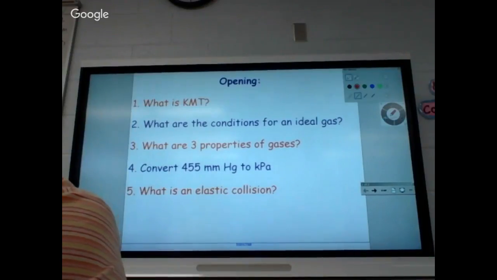I'll do it in a second. 5, 0.169 moles. 6, 15.2 grams. 7, 6.33 times 10 to the 4th Pa. 8, 935 torr. 9, 389 kPa. And 10, 1.69 times 10 to the 4th Pa.